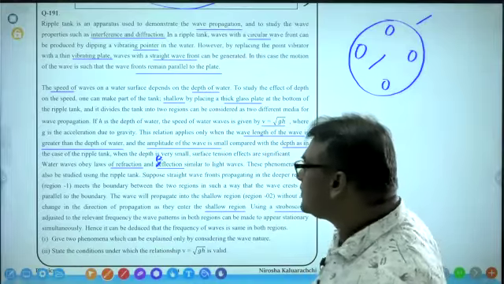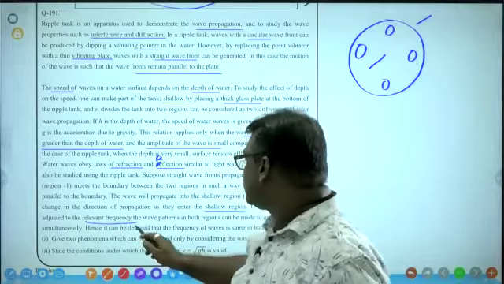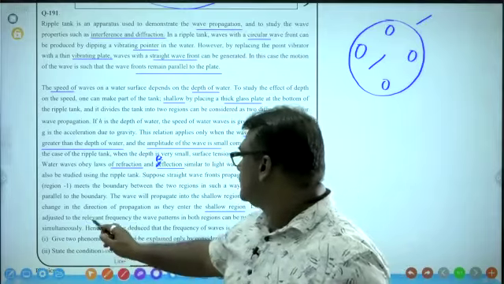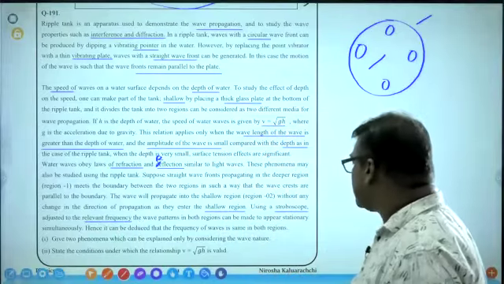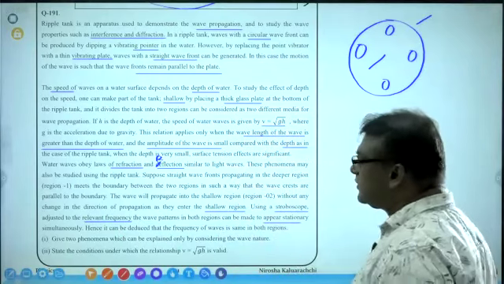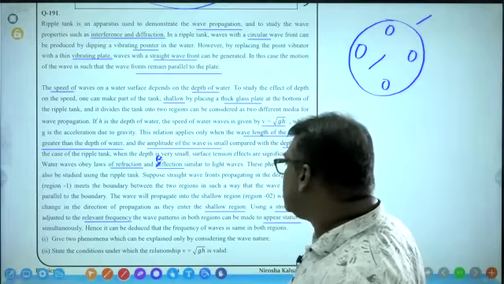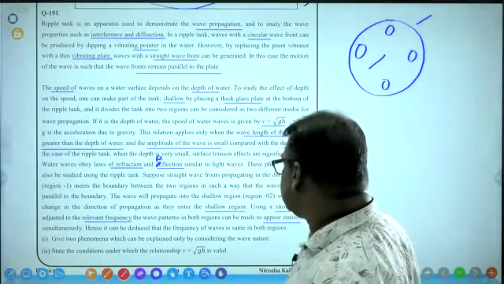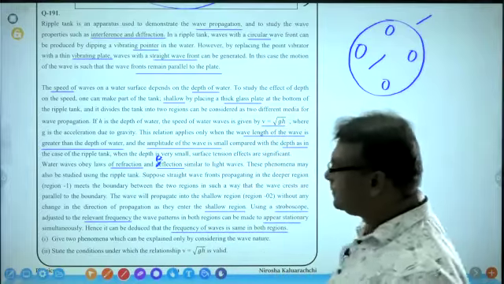When the stroboscope is adjusted to the relevant frequency, the wave patterns in both regions can be made to appear stationary simultaneously. Hence, it can be deduced that the frequency of the wave is the same in both regions.